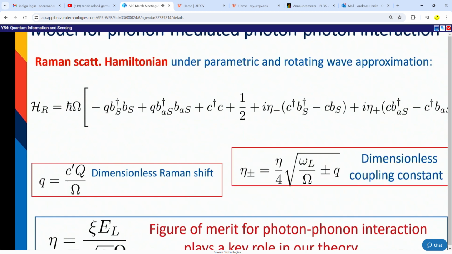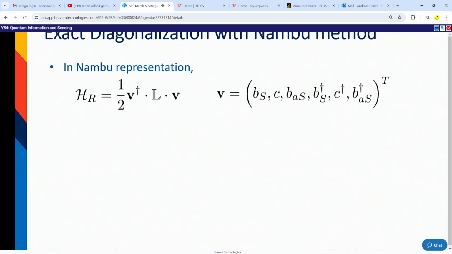Interestingly, the eta plus-minus appearing in the Hamiltonian can be tuned by the laser intensity and the frequency of the laser. To solve this Hamiltonian, we adopt exact diagonalization with the Bogoliubov method, where the technique is to rewrite the Hamiltonian in a form where V is the column vector representing the particle-antiparticle operators.